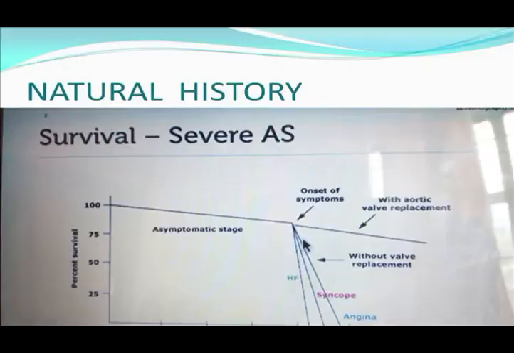Now, once symptoms start, according to this graph here, once symptoms set in, rapid progression usually happens without any intervention. So at the stage when the symptoms are discovered or the patient starts becoming symptomatic, that's the right time to intervene, and the intervention is usually to replace the valve.